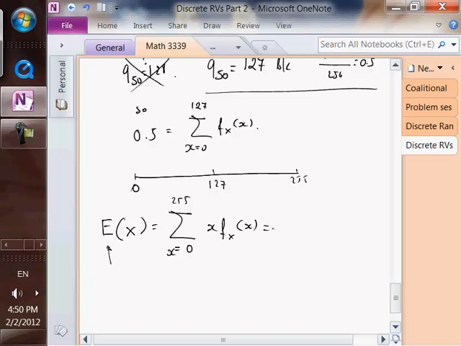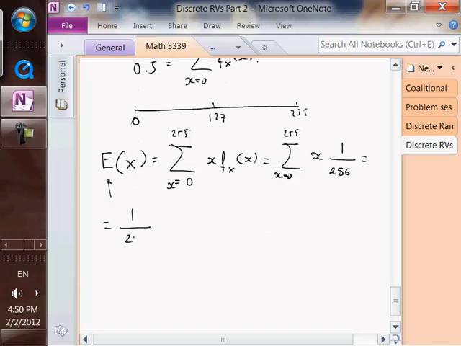Okay? So we have... so what is this thing here? It's 1 over 256 times the sum. Do you know how this is calculated?